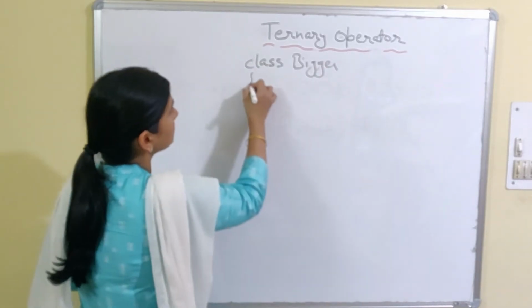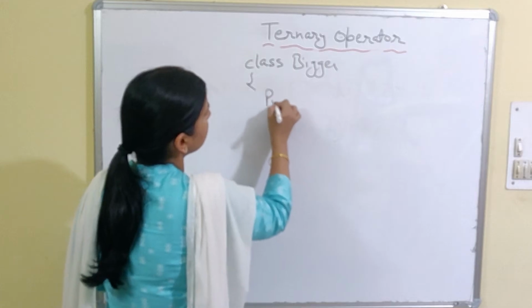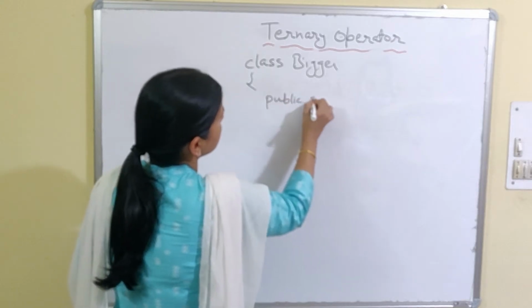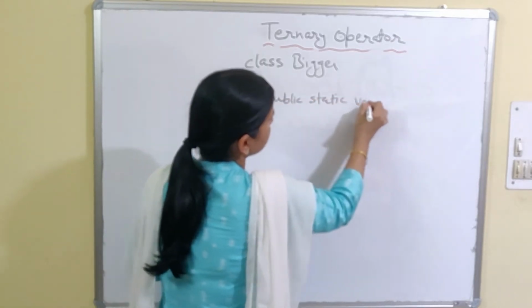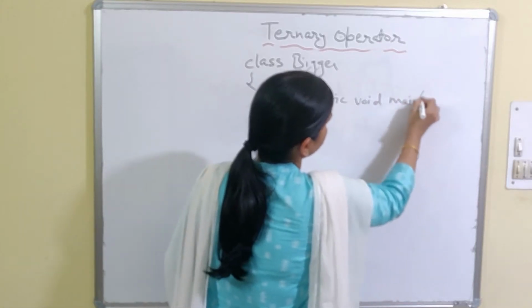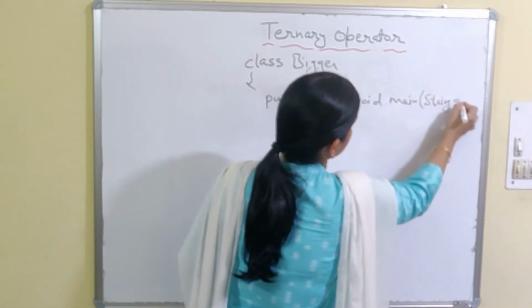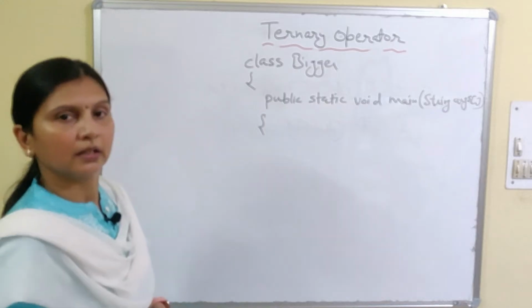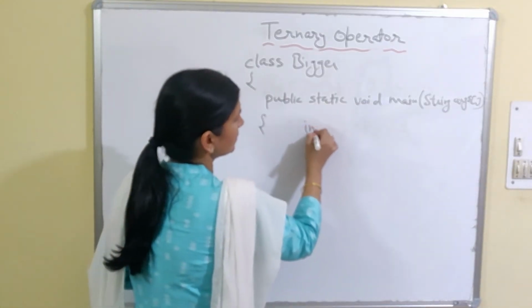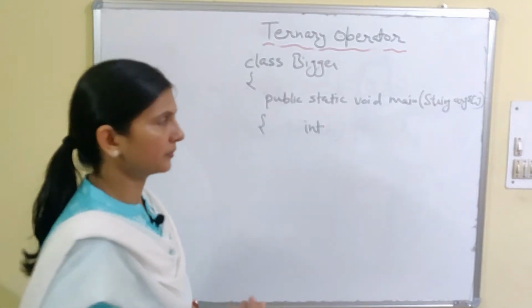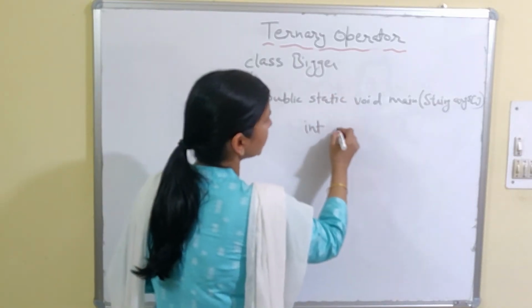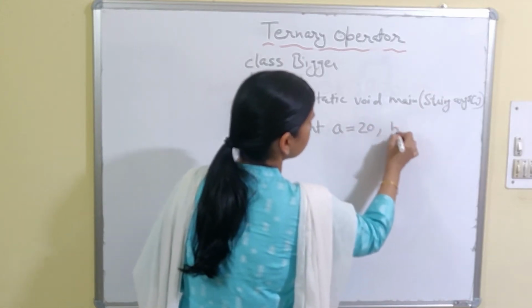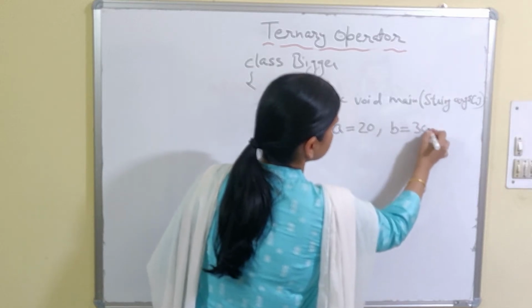Then braces open, public static void main in brackets String args. Fine. Bracket open. Now first we will assign values in two variables. Greater of two numbers, so we need two variables, int a. So we will assign some value. Let it be 20, comma, b equals 30.